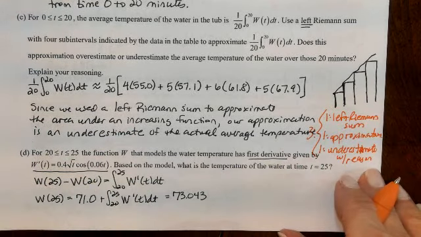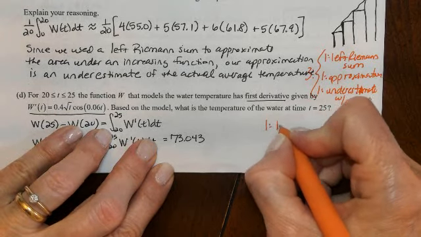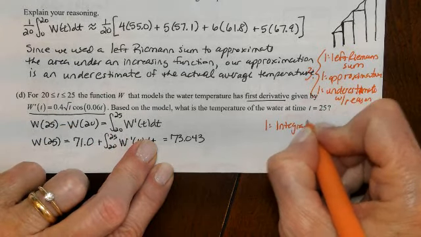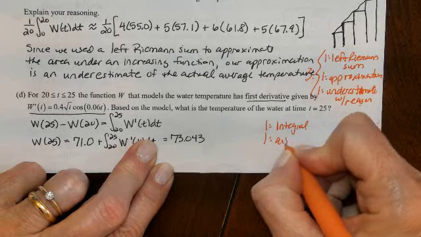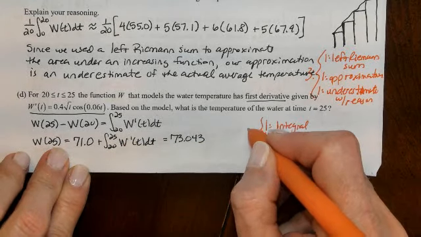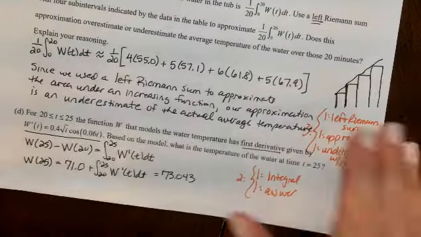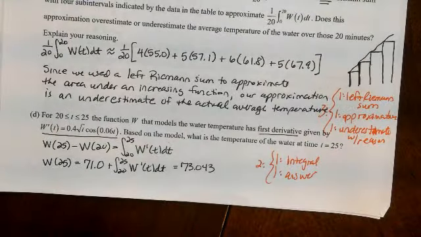And then lastly, part D is worth 2 points, 1 point for that integral and 1 point for the answer. Okay, that's it for FRQs for this topic.